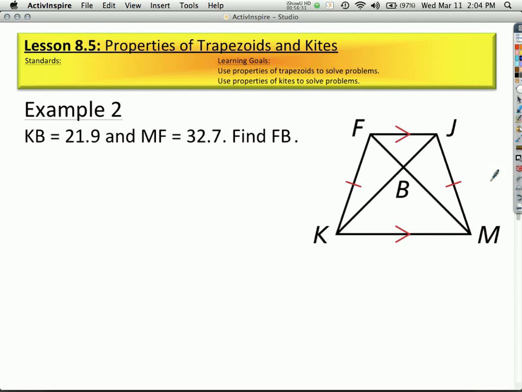And so what can we conclude about the overall shape based on the information in the picture? Jada? Yeah, it's an isosceles trapezoid, which means that we could also put in that that is going to be congruent to that, and that's going to be congruent to that. We can also say something else. What else can we say? Because it's isosceles. You can look.